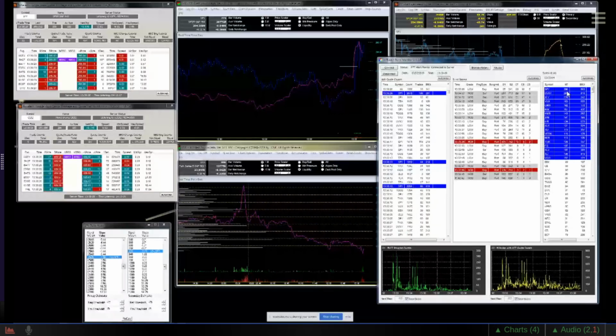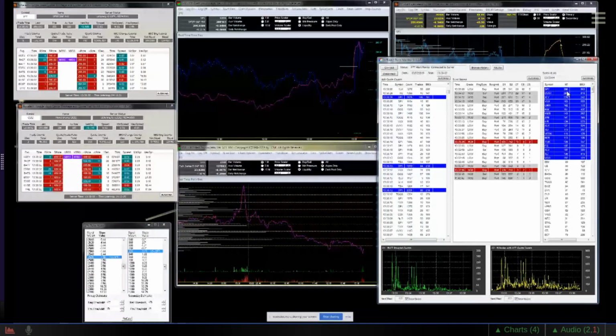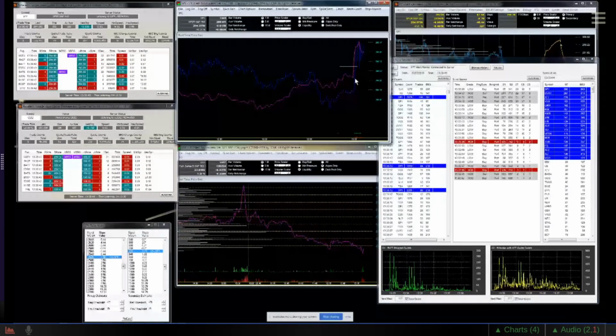Even if you were standing and looking at your computer, you wouldn't have even seen a change. It would have taken you 3 or 4 seconds to realize what had just happened. So here we see some selling.